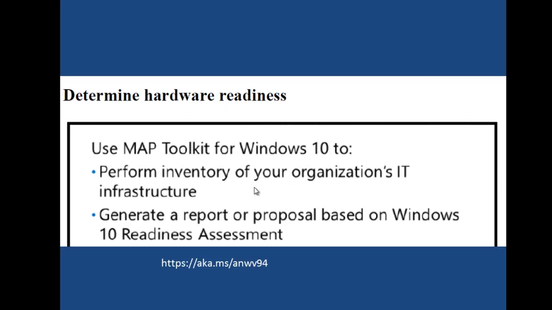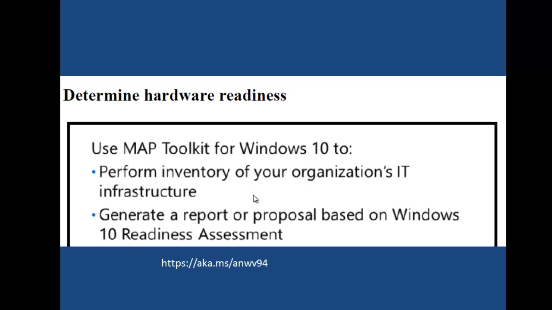Now, if we already have computers in our environment, you might ask yourself, how will I know whether or not Windows 10 will run on my computer? Do I have sufficient requirements for Windows 10 to run on the computer?